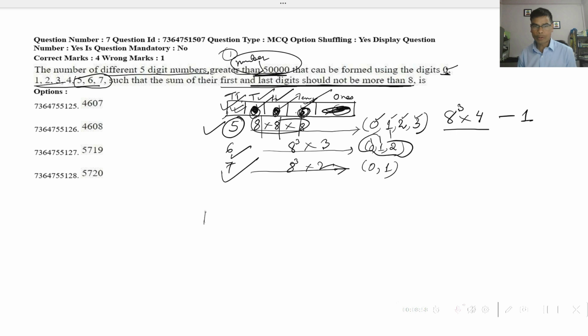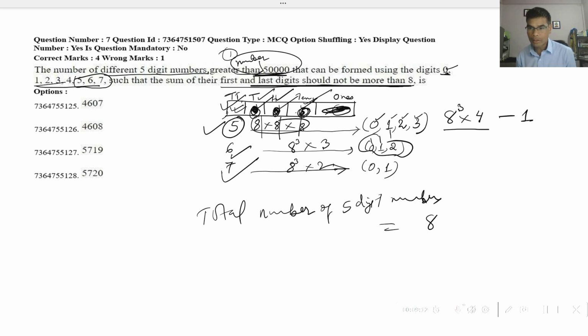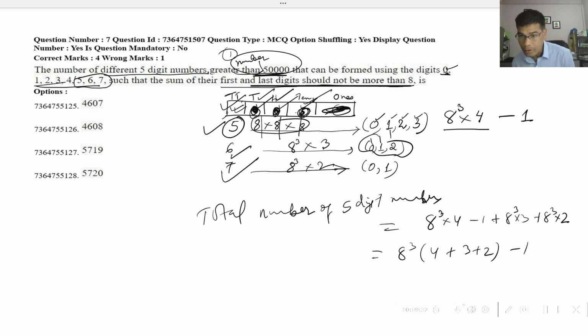So therefore, the total number of 5 digit numbers is equal to 8 cubed into 4 minus 1, plus 8 cubed into 3, plus 8 cubed into 2. Now 8 cubed you can take common, then 4 plus 3 plus 2 minus 1.